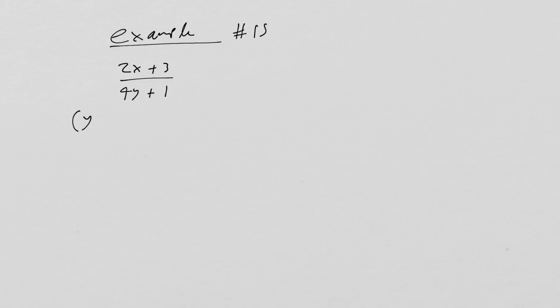So clearly y cannot be equal to negative 1/4, which is clearly a point of non-differentiability. But aside from that point, if this is my f of x comma y equal to z, let's see if we can find out what the surface is.